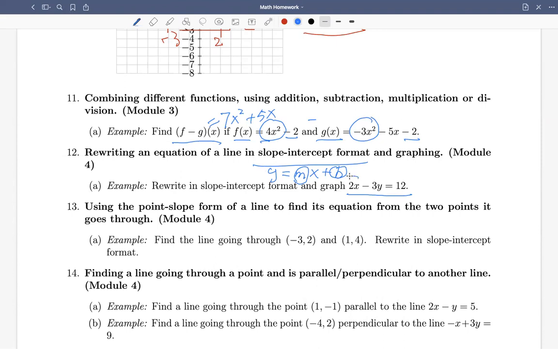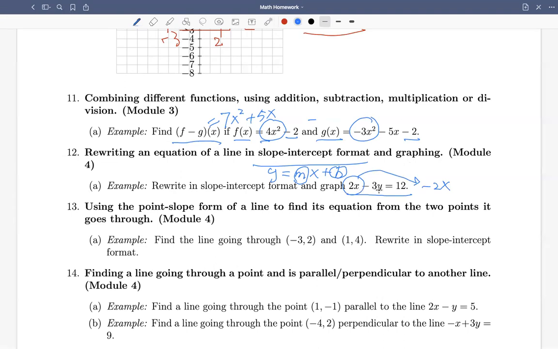So first, we want to move 2x to the other side, right? So positive 2x, when we move to the other side, it becomes negative. So 12 minus 2x. Or you can think of it as minus 2x on the two sides of the equation, same principle. So what do we get?